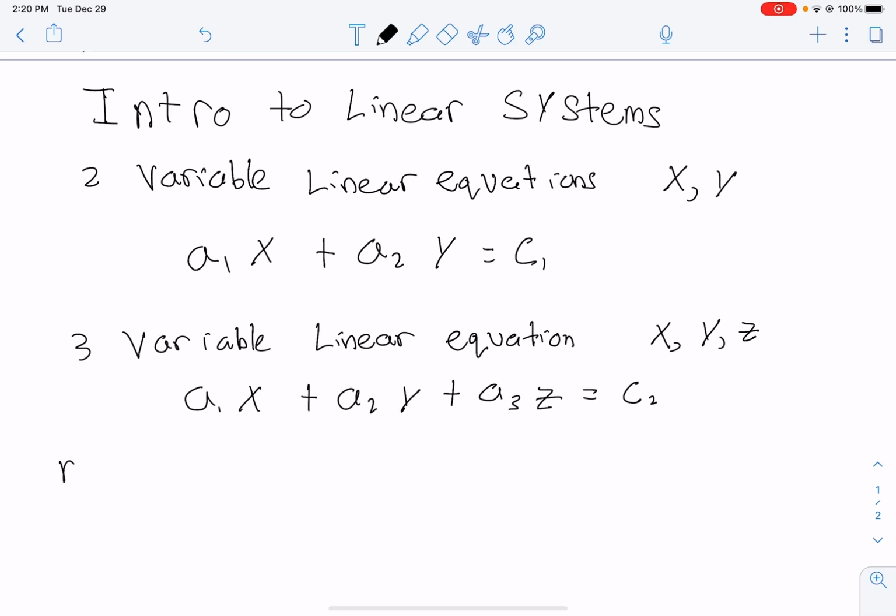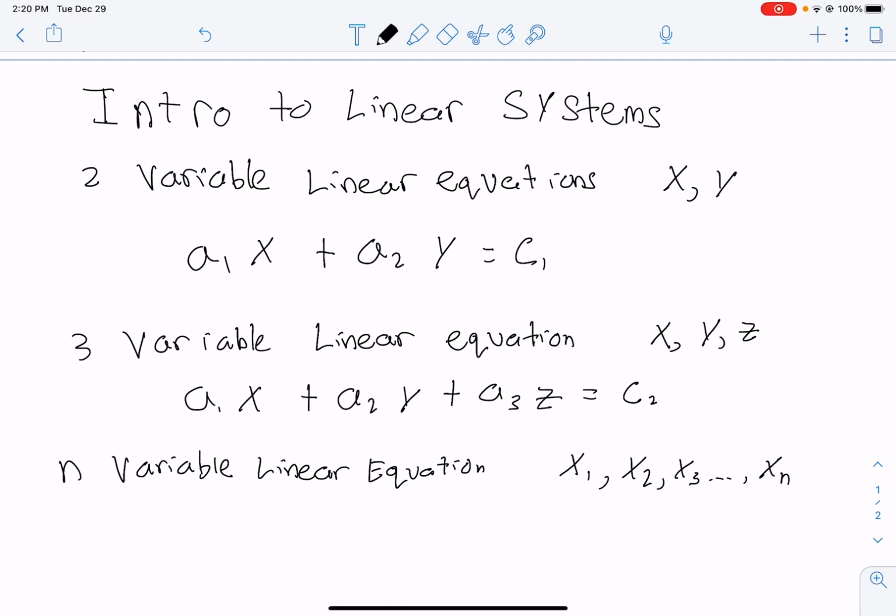So if I had an n variable linear equation, that would be in the form of variables like x1, x2, x3, all the way until xn.